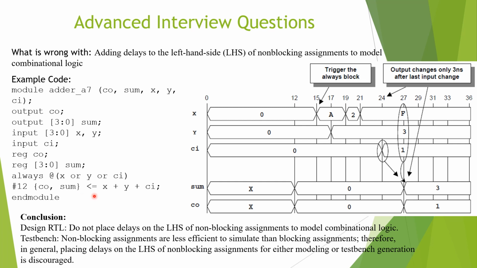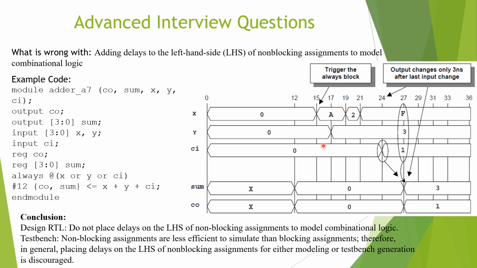If the input changes at 15 and all the other inputs, including x, y, ci, change during the next 9 nanoseconds, the output is updated with the latest values of x, y, and ci, which means the change in the ci to the change in the output took only 3 nanoseconds, which is not the correct behavior of a combinatorial logic. So this technique of combinatorial logic modeling by putting delays on the left-hand side of the non-blocking assignments is also not accurate.